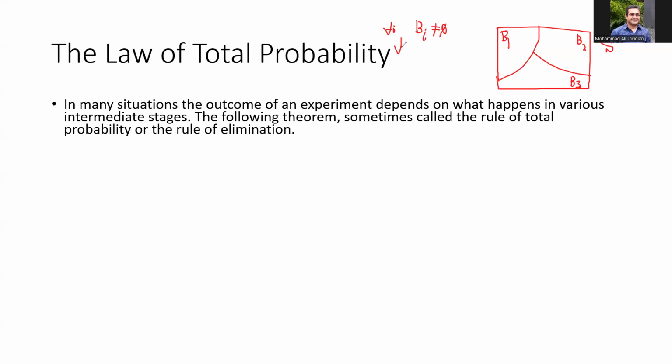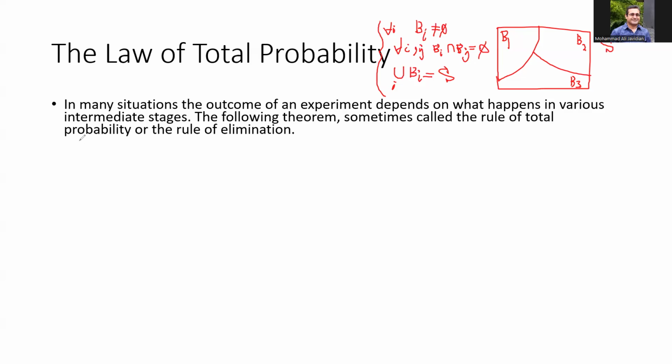So for any i and j, Bi intersection with Bj is empty. And the union of Bi's is the whole sample space. So a partition must satisfy all these conditions.